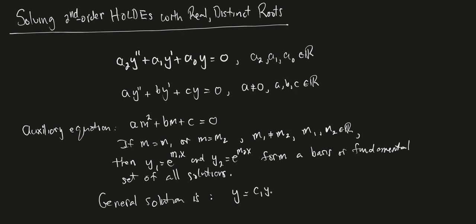So c1 times y1 plus c2 times y2, and that ends up being c1 times e to the m1x plus c2 times e to the m2x, right?